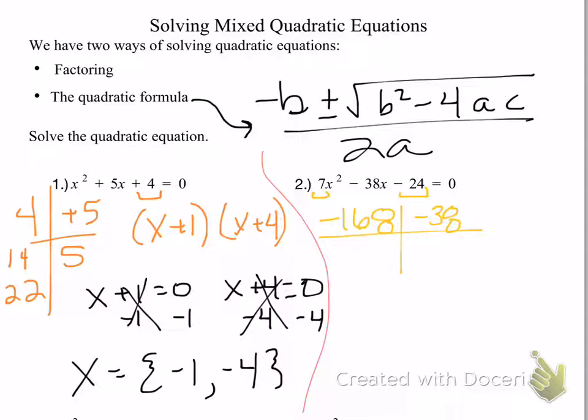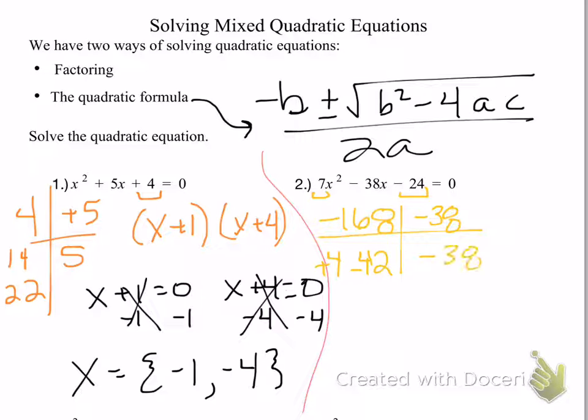Most people do not know every single factor of 168. That is okay. But thankfully, I do know that 4 and 42 gives us 168. And it just so happens that if you make 4 positive and 42 negative, it gives you negative 38.